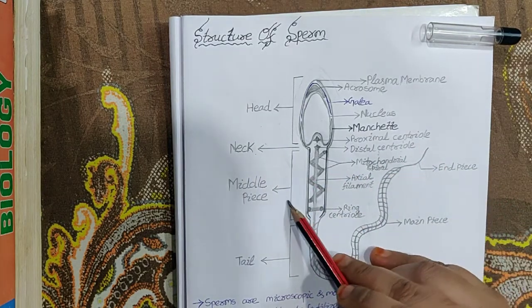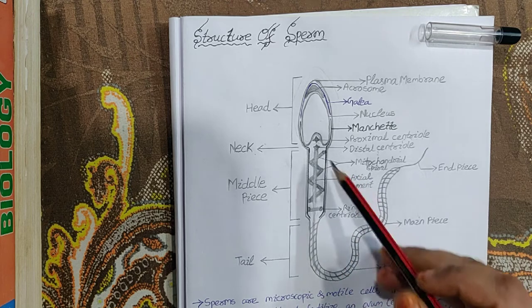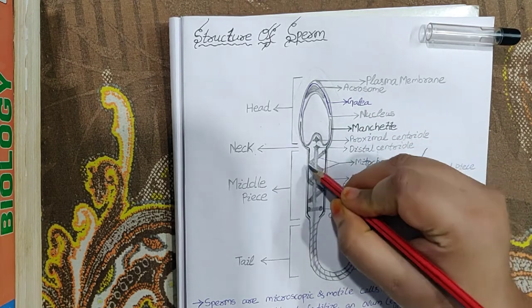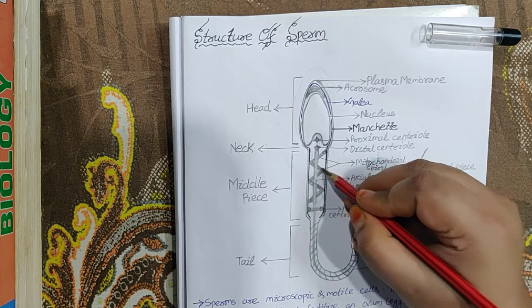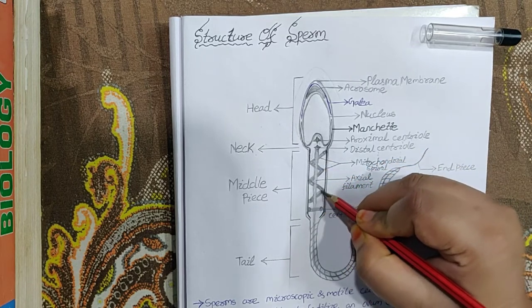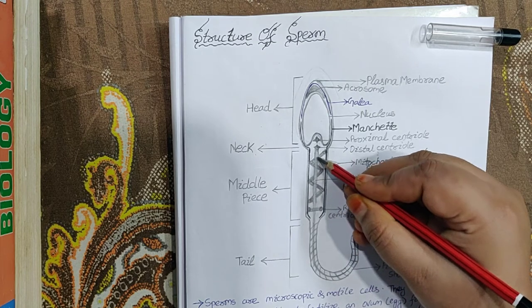Next, third is your middle piece. The middle piece contains mitochondria, which are arranged in a spiral like manner around the axial filament.